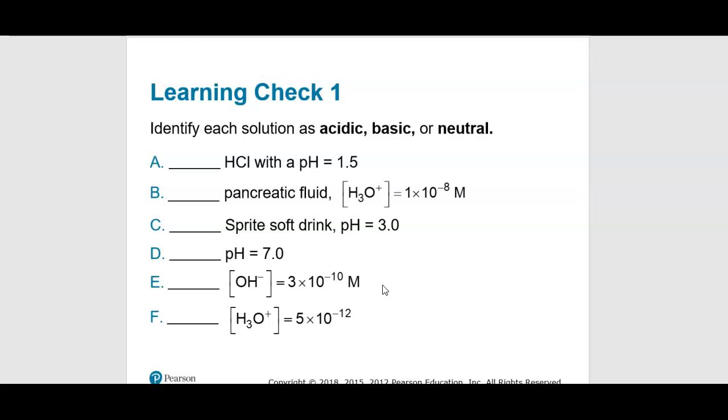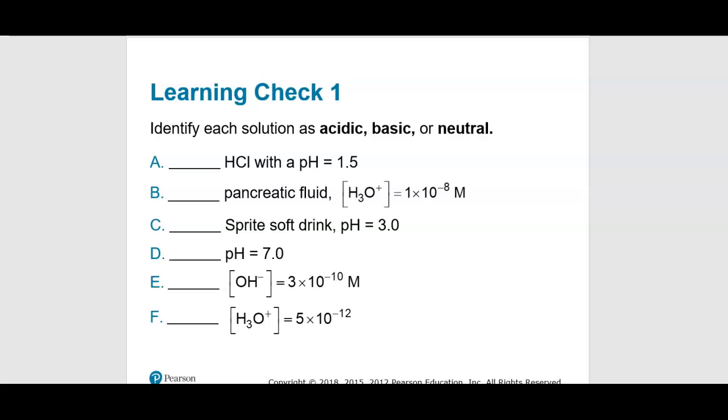You can do a quick calculation. Remember, in the last section, we were doing some problems like that. You can do this in 2 ways. You can recognize the fact that 3 times 10 to the minus 10th is quite a bit lower than 1 times 10 to the minus 7th, which would be neutral.